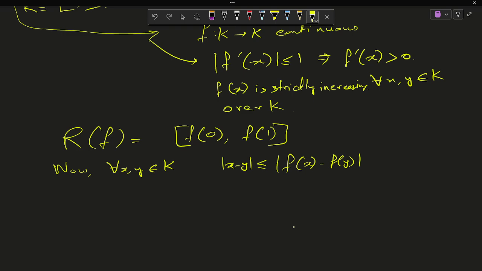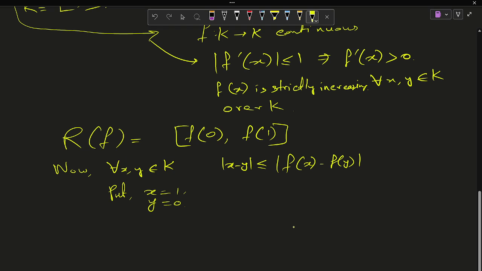So if we take those things, let us put x equals 0 and y equals 1 here. No, I want to put them in reverse order.